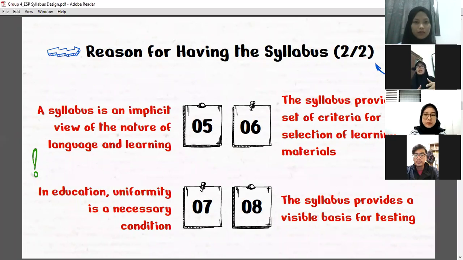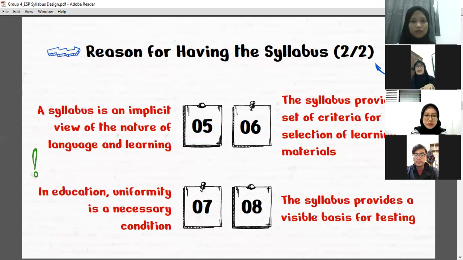Next, seven. Uniformity is a necessity of any institutionalized activity, such as education. This is considered important because the standards in a system must be as the same as possible. To achieve this standardization, therefore, a syllabus is needed. The last one is the syllabus provides a feasible basis for testing.